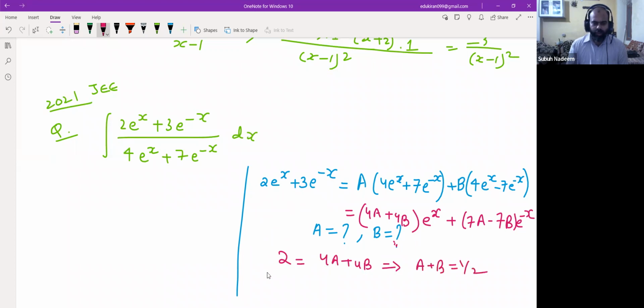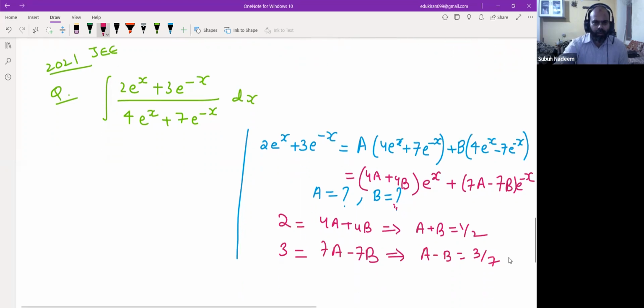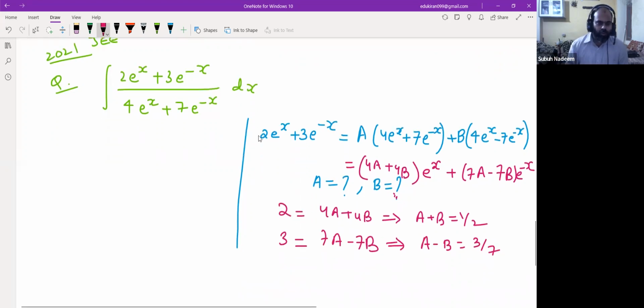And if you equate 3 to 7a minus 7b, you will get a minus b is equal to 3 by 7. So after getting this, you have to find a and b. You will just add them up.